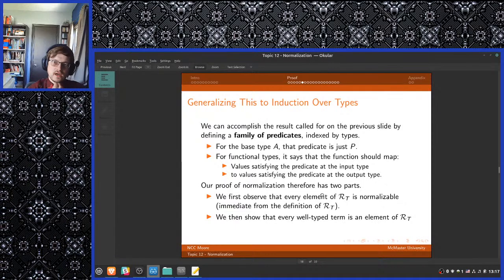In essence, we want to define a family of predicates indexed by types.